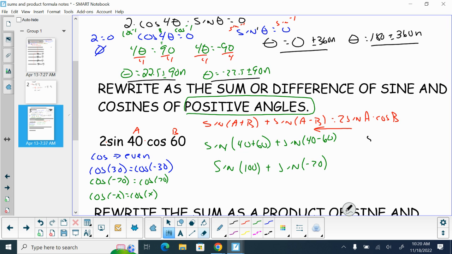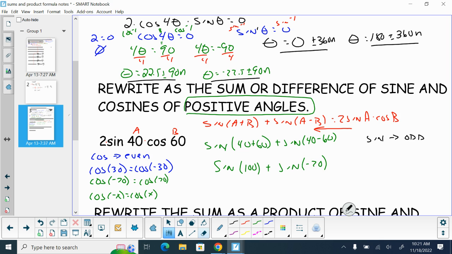The sine is odd, which means opposites will give you opposites. The sine of negative 30 is equal to the negative sine of 30. Opposites give you opposites.